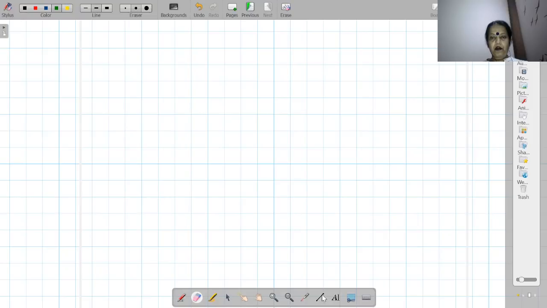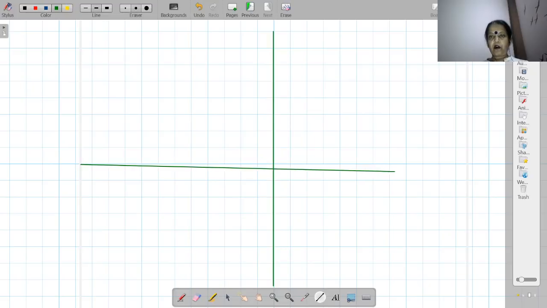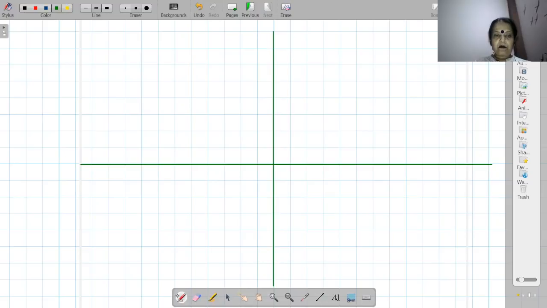We have to make the graph first and then we will try to plot the values on this graph. Okay. So put the arrow like this first of all, but we have to take only the first quadrant, x, y and 0. Only the first quadrant we have to take.